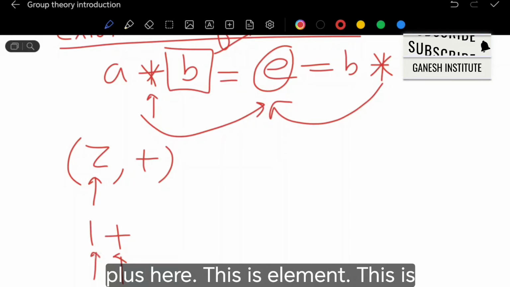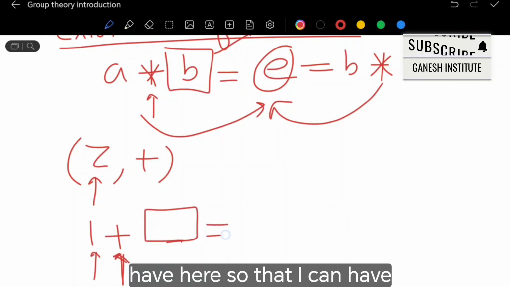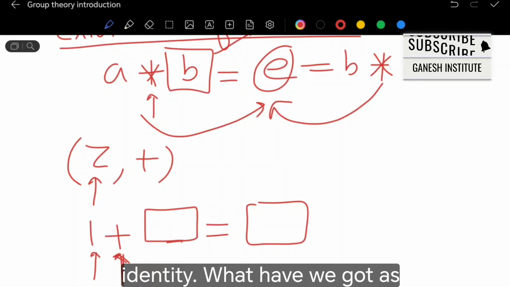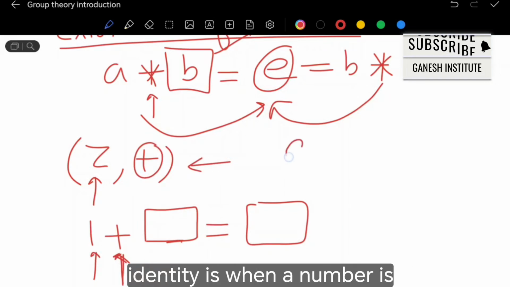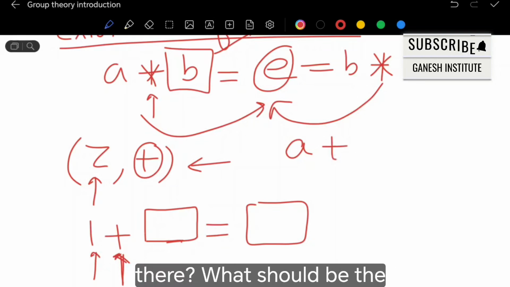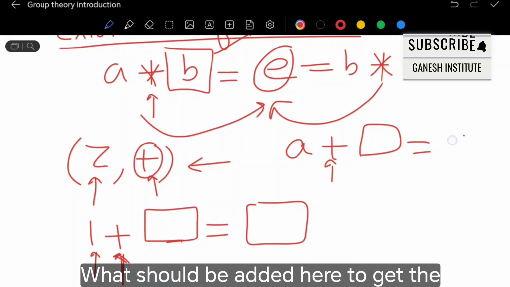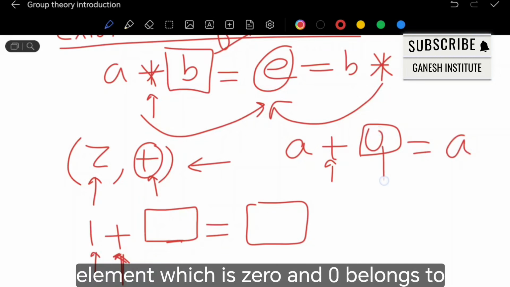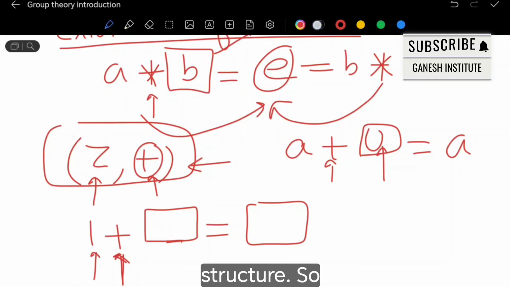What should I have here so that I can have the identity? What should be added to a number to get the identity element, which is 0, and 0 belongs to Z. So 0 is the identity for this algebraic structure.